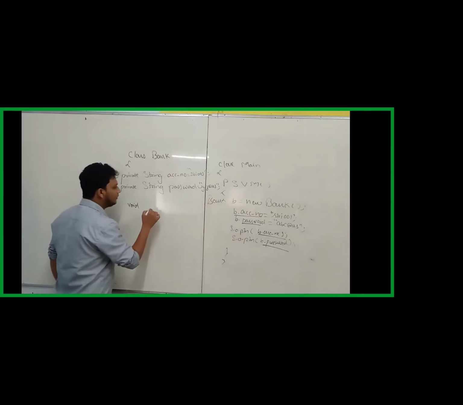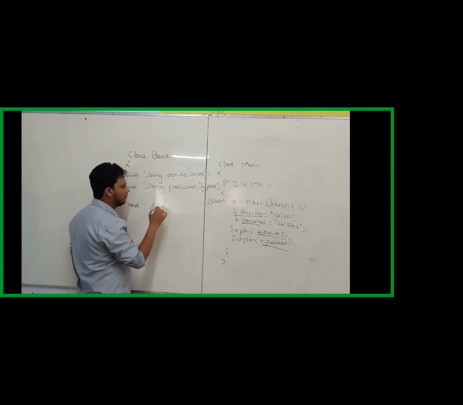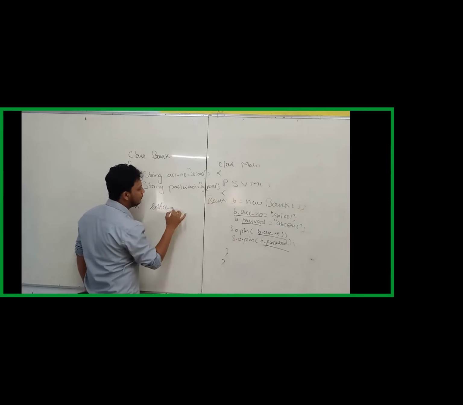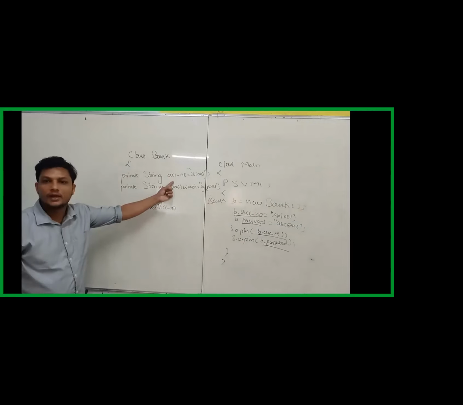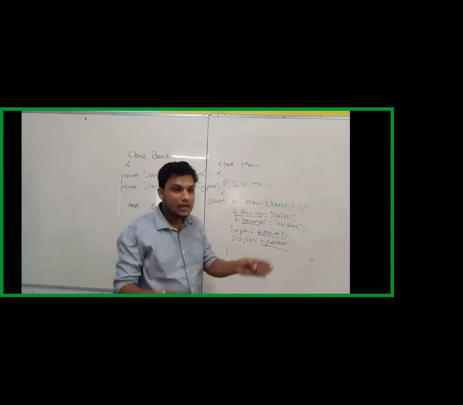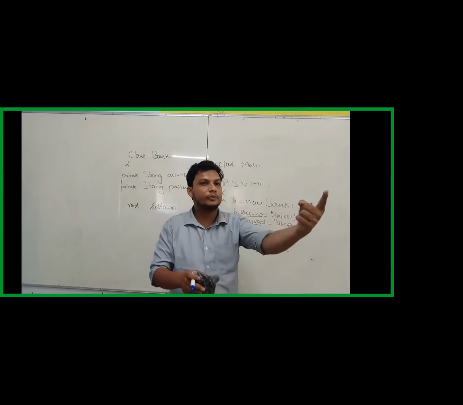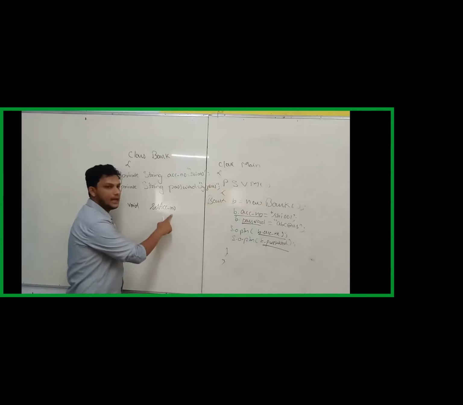So I will start with the method name as set, and for which one? Account number. Why is the capital A here, small a before? Because Java follows what? Camel case convention. That is, the joining word's first letter should be uppercase. Clear? So I told here as setAccountNumber.